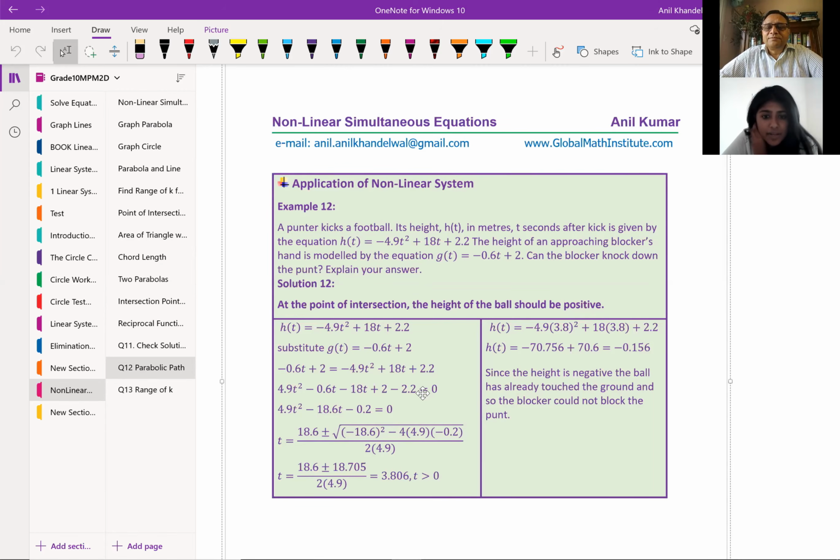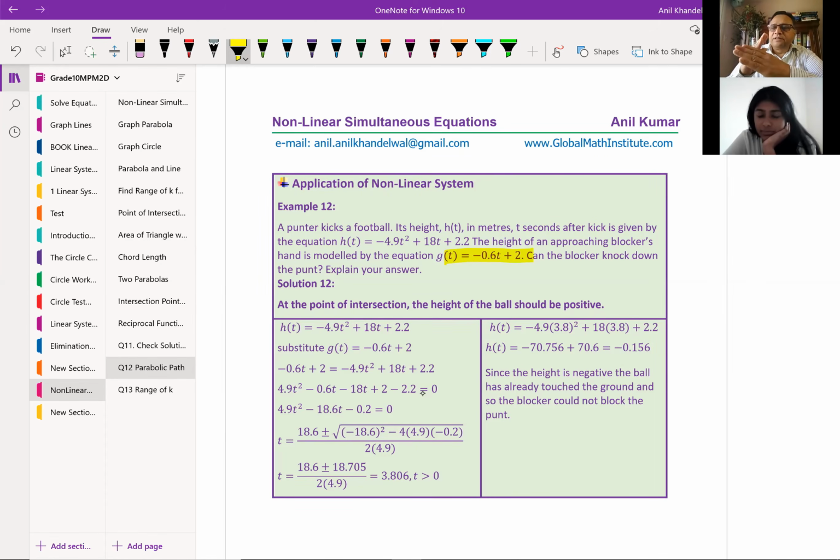The height of an approaching blocker's hand is modeled by the equation g(t) = -0.6t + 2. Can the blocker knock down the punt? Explain your answer.